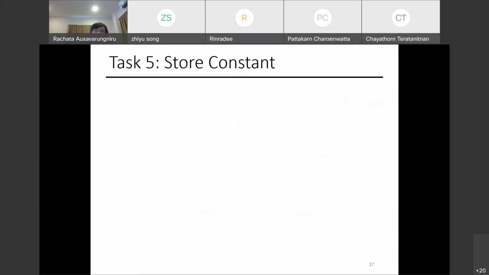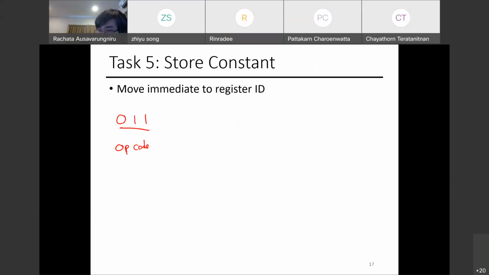Now let's do the last thing, moving a constant value to the register ID. If I remember correctly, that opcode is 011. I need one register, the destination. Now, where do I put my constant number that I want to put into this register?